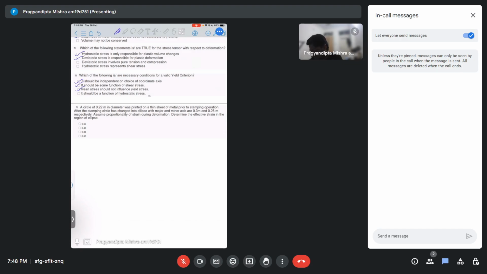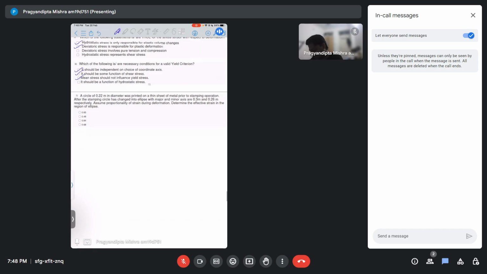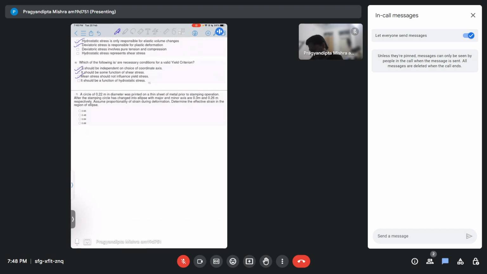Assuming proportionality of strain during deformation, determine the effective strain in the region of the ellipse. So we have to find strain, not stress. Since they have asked for effective strain without mentioning which kind, we'll find von Mises strain, not Tresca.